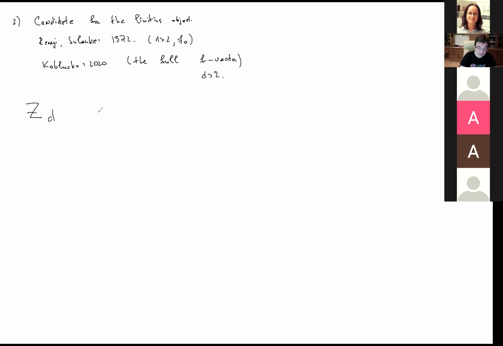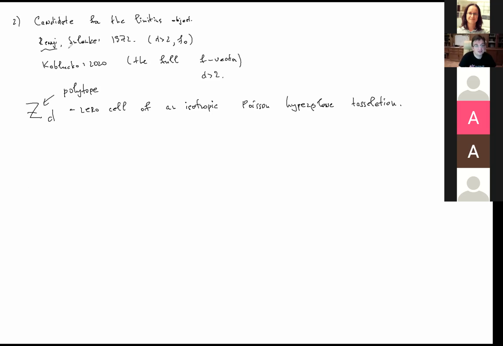By Z_0, I denote the zero cell of an isotropic Poisson hyperplane tessellation. Hyperplane tessellation sounds terrible, but it's quite a simple object. This turns out to be a polytope.